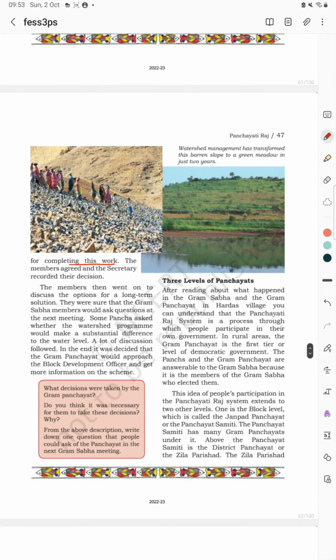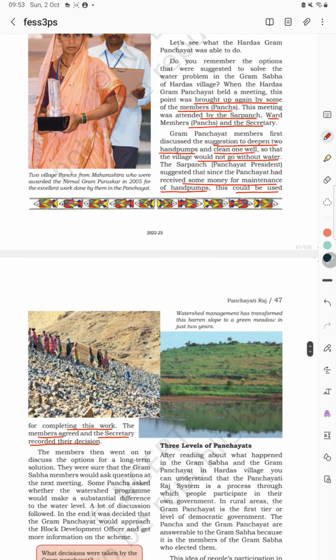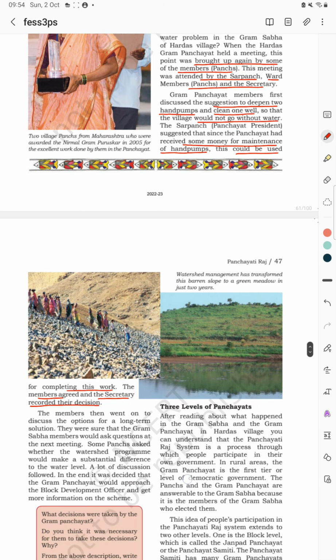The members agreed to this, and the secretary recorded their decision. Here we have seen that a decision was suggested by the Panchayat president, and the members agreed to that. Ultimately the decision was taken, and the secretary, who is responsible for the smooth functioning of the Panchayat, recorded it.